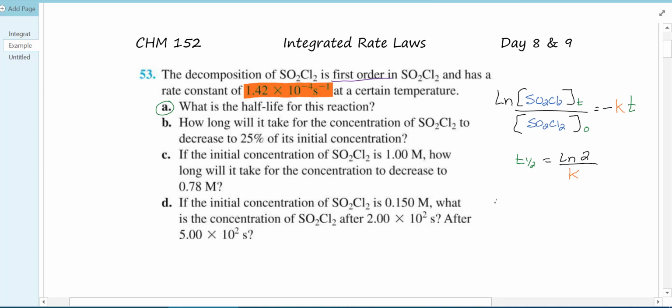Well, for A, that's pretty straightforward. t1/2 is equal to natural log of 2 divided by k, which happens to be 1.42 times 10 to the negative 4 seconds to the negative 1. So t1/2 would be equal to, looks like I have 3 sig figs, 4,880 seconds. And there's the answer to number A.